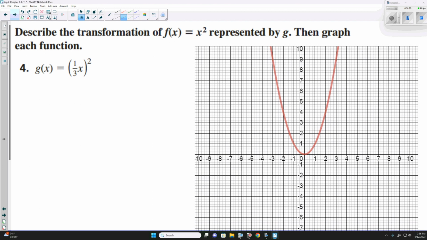What would this one be? Horizontal stretch of 3. Since the 1/3 is being multiplied by x inside the parentheses, it's horizontal stretch or shrink. Opposite of what we think, so it looks like it should be a shrink, but it's actually a stretch. Flip the 1/3 to give us our actual value of 3.